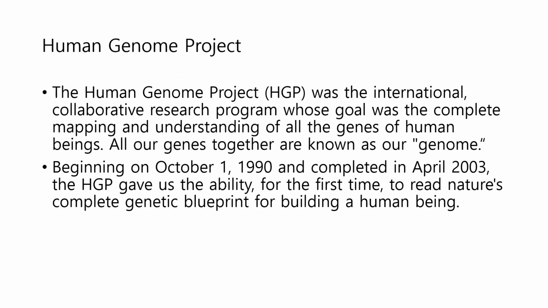The Human Genome Project is the first international collaborative research program, which was designed to complete all the genes of human. Based on these accomplishments, we can initiate many researches on the human genome.